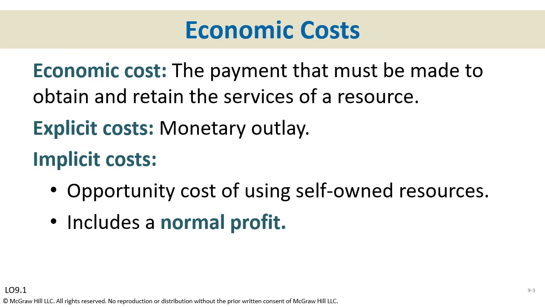Basically, what kind of money could you make had you decided not to work for yourself and get a job at a corporation or doing something else? Those are implicit costs. And they're opportunity costs. They're the opportunity costs of using self-owned resources or your own time and ability. And that's the difference between them.